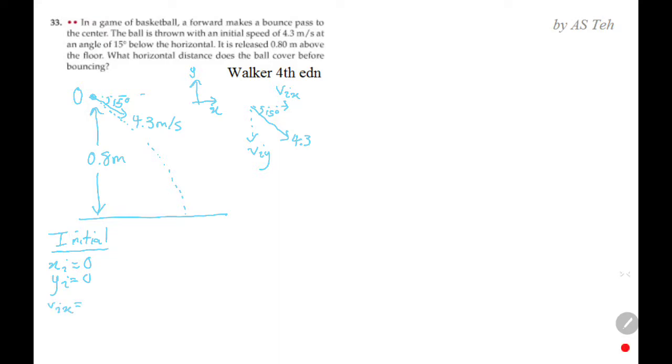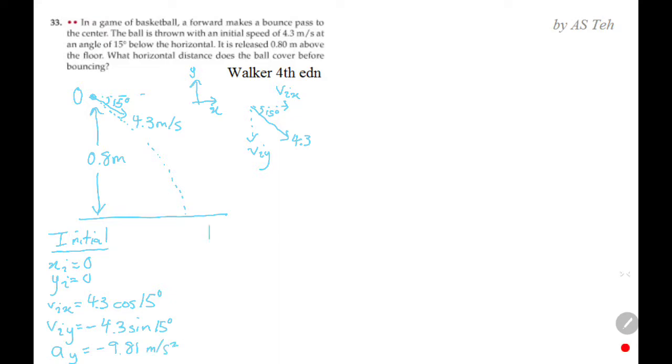Vix is 4.3 cos 15, while Viy, based on my coordinate system, as the velocity in the y would be pointing downwards, I put it as negative 4.3 sine 15 degrees. In the y direction, its motion will be influenced by gravity, so I can put the acceleration in the y direction as negative 9.81 meters per second squared.